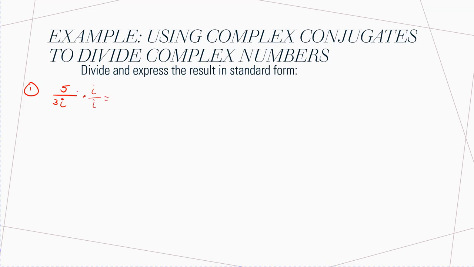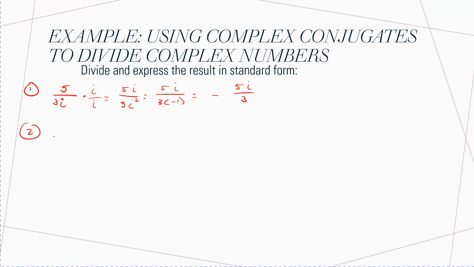Now watch what happens. This becomes 5i over 3 times i squared, because i times i becomes i squared. So that's negative 1. Or you can move the negative in front: negative 5i over 3. So that's simple. Whenever you have just an i by itself in the denominator, just multiply by i over i.